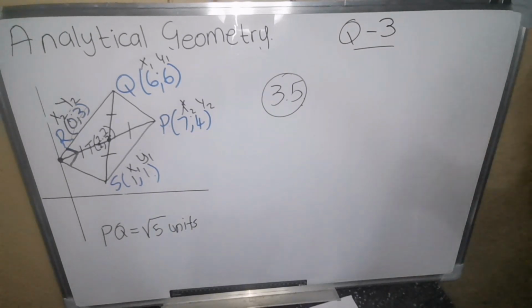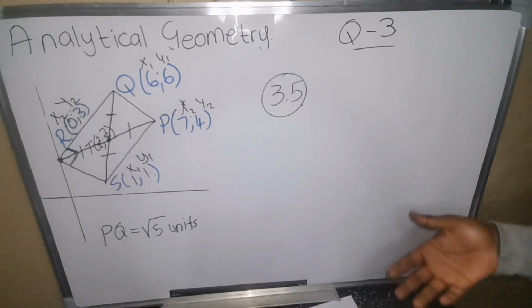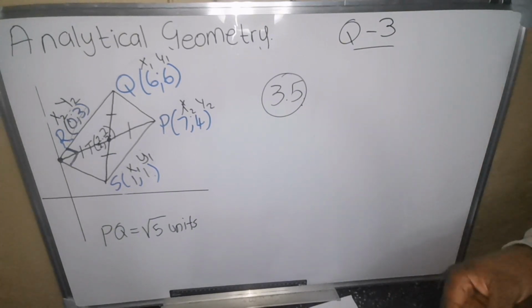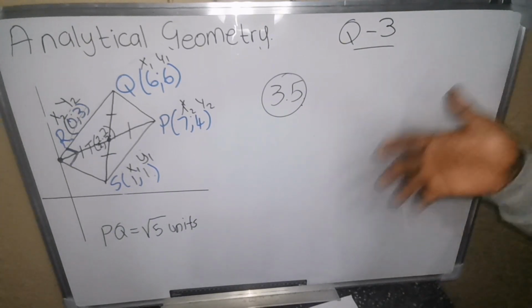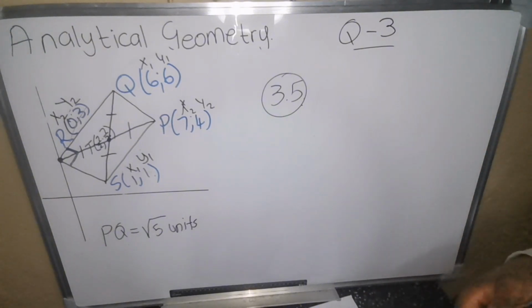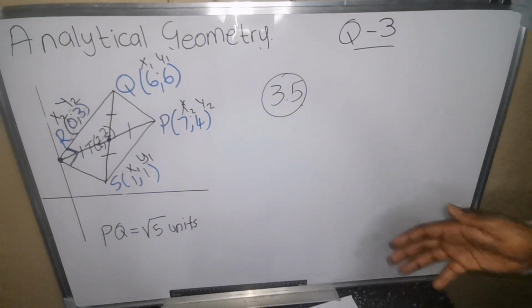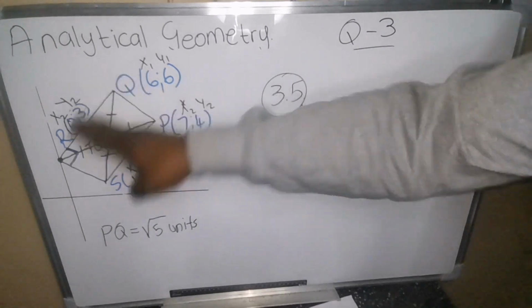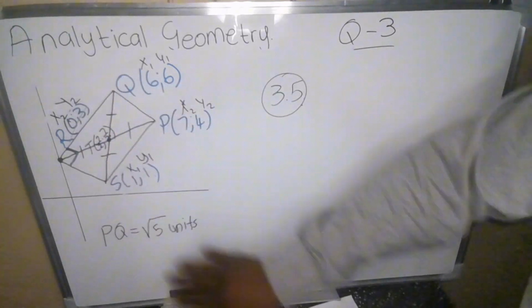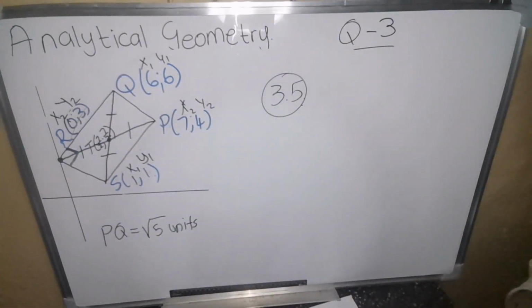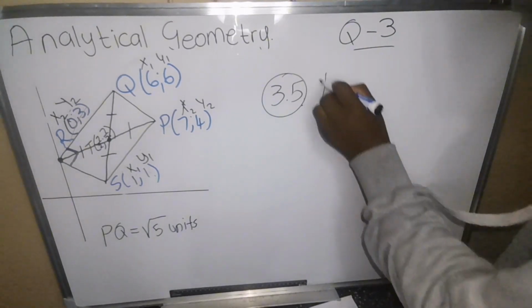You need to know the properties of those quadrilaterals. It's very important to know them. And if you check, the type of quadrilateral we know this one is, is a rectangle.